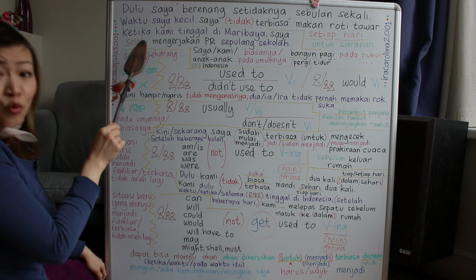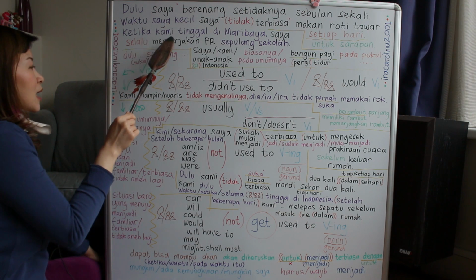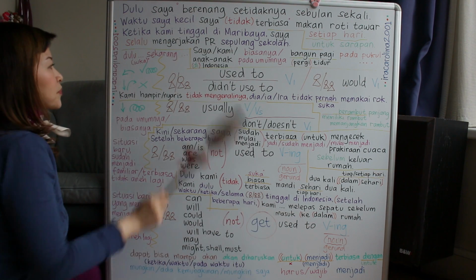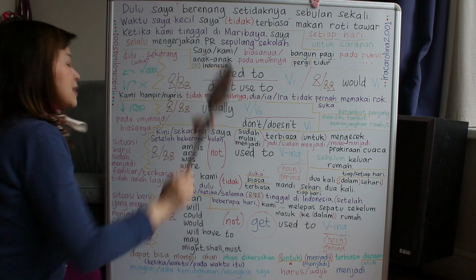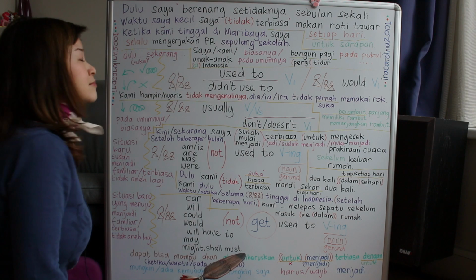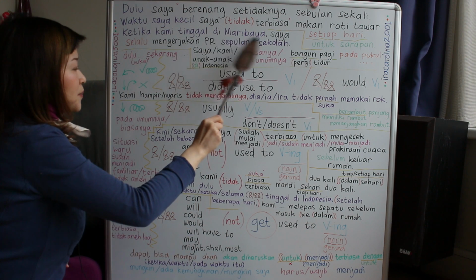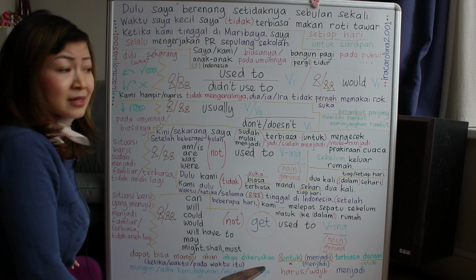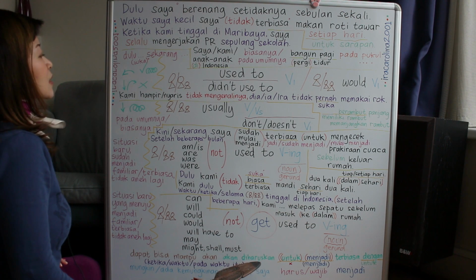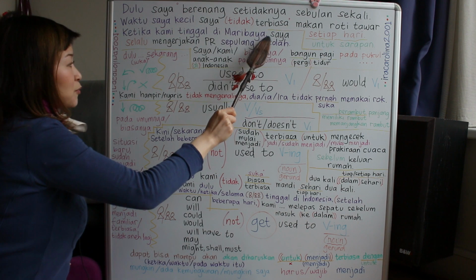Ketika, when, kami, we, tinggal, live, di, in or at, Maribaya, a name of an area in my city, in my province. Then we put a comma.